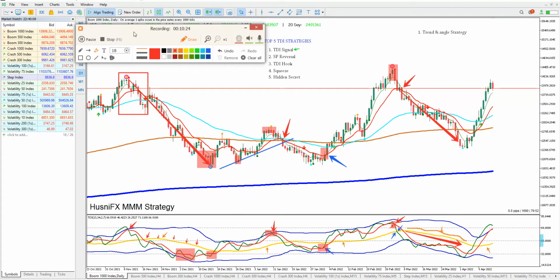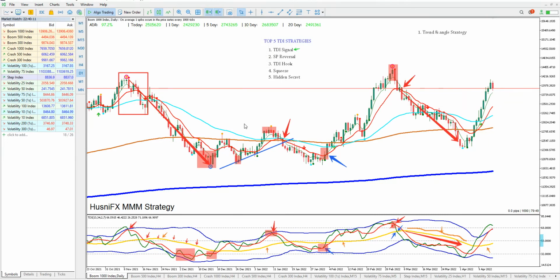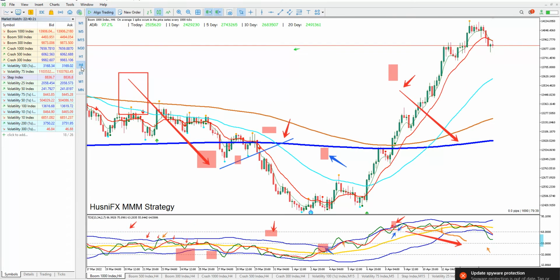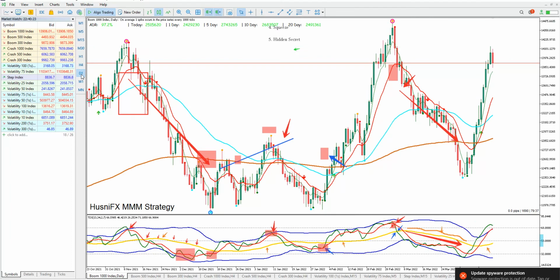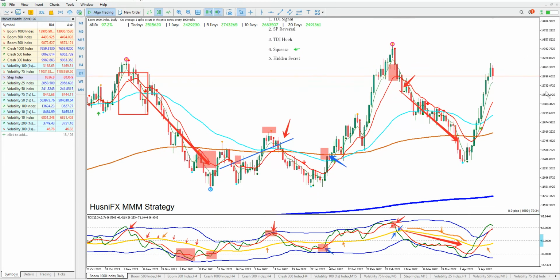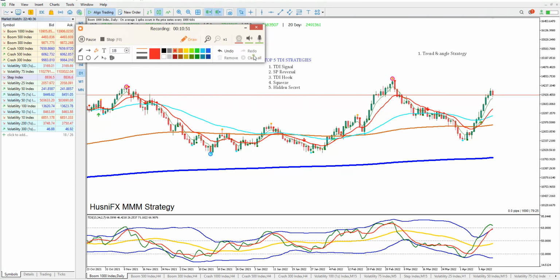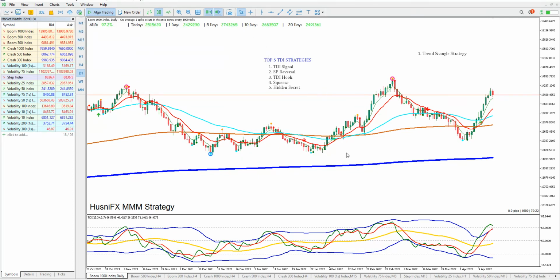Now I would like to tell you which time frame is good for using this strategy. We have to use higher time frames, like daily and H4, for trend confirmation.